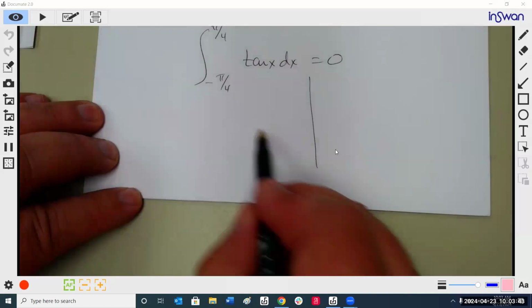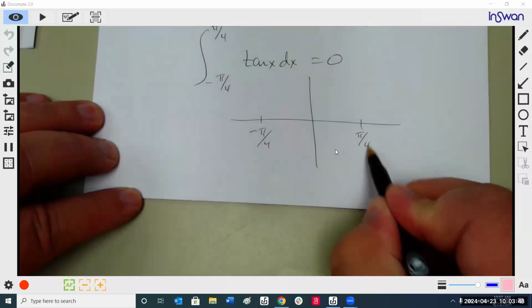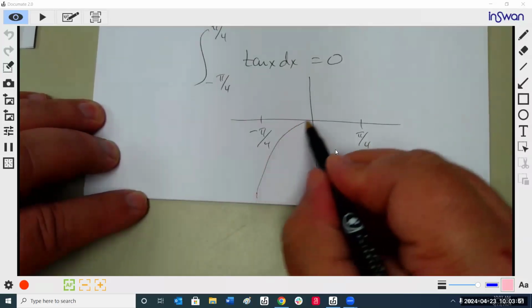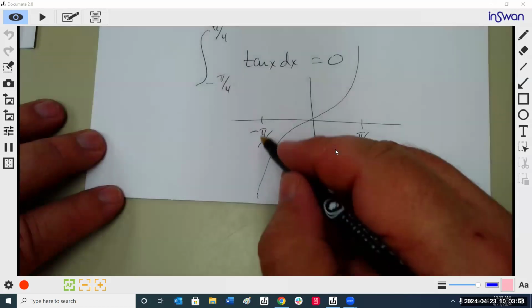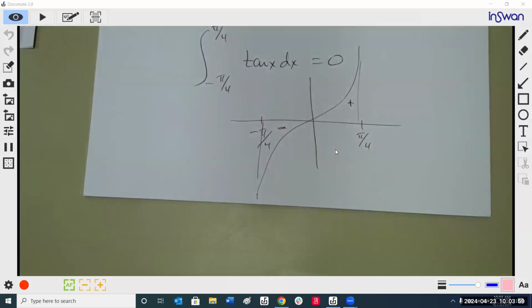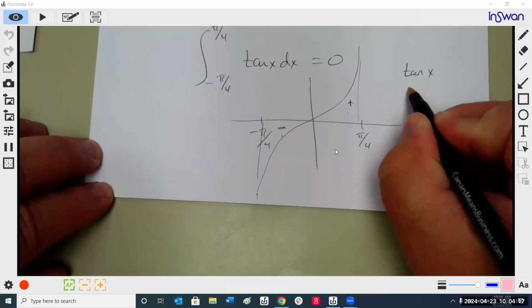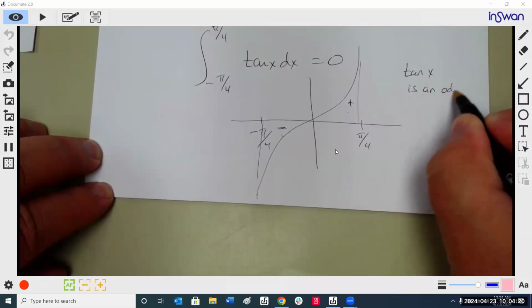What this tells us is from negative pi over 4 to pi over 4, equal areas. One's negative, one's positive. When you add those two together, you get 0. So that's what it tells us. Which tells us that tangent is an odd function.